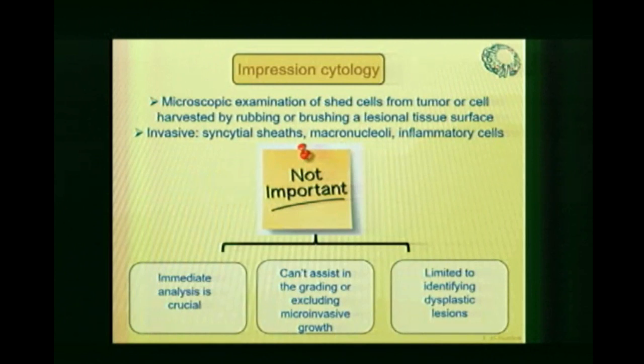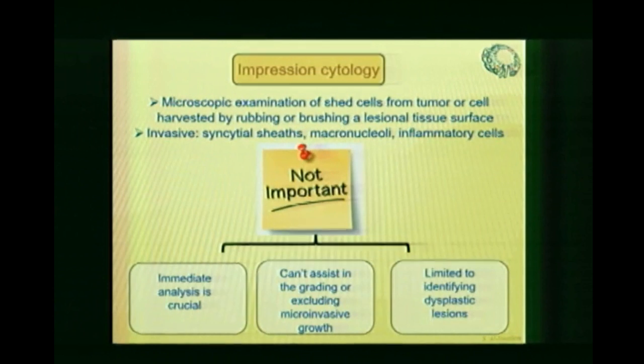What about impression cytology? Is it of help? You can perform that using a filter, applying it on the lesion itself, if you have a good pathologist who can read it. The only thing is that there is no consistency about using this diagnostic tool. And to most of the ocular oncologists, that will tell you it's not very important.